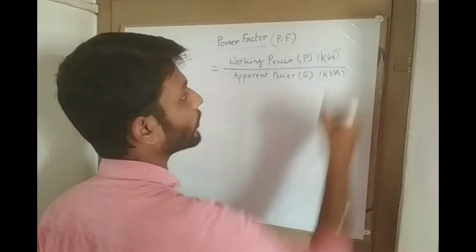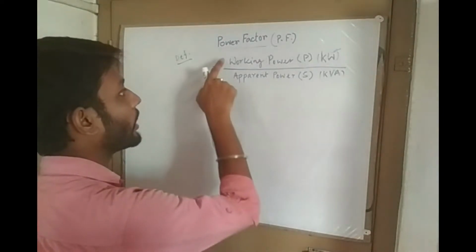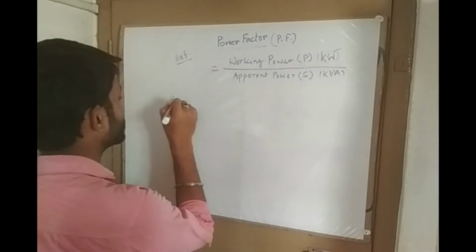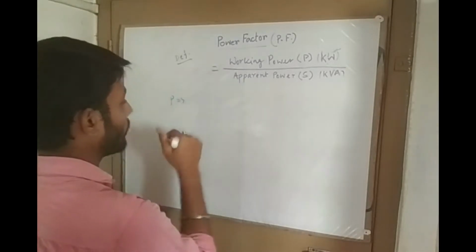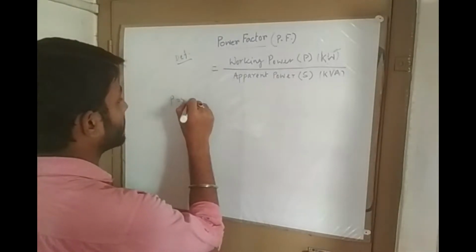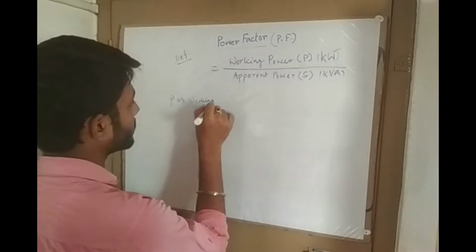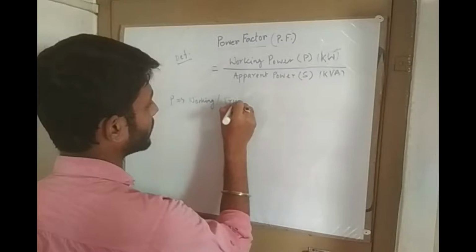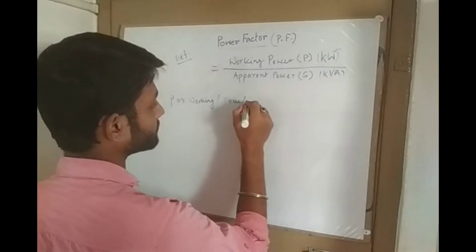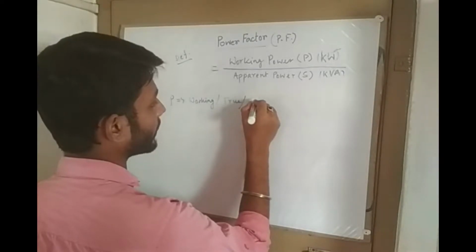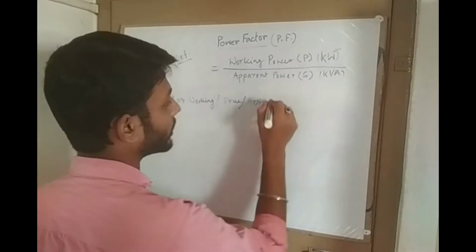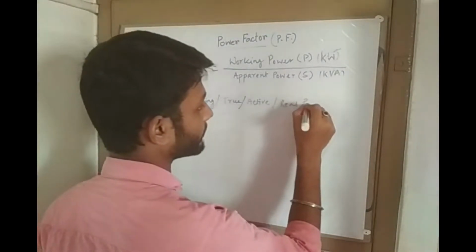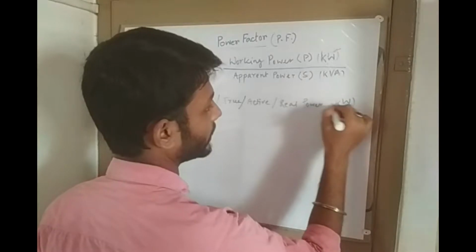Working power has another name as it is denoted by P. So P has name working power, or true power, or active power, or real power, and it is in kilowatt.